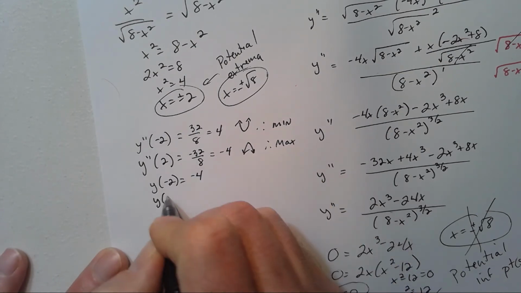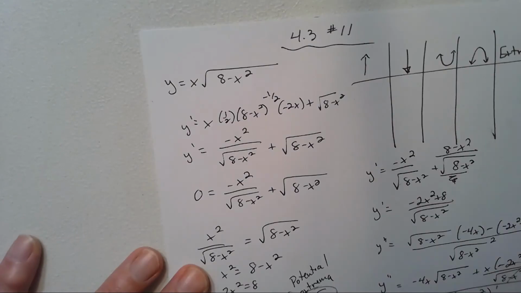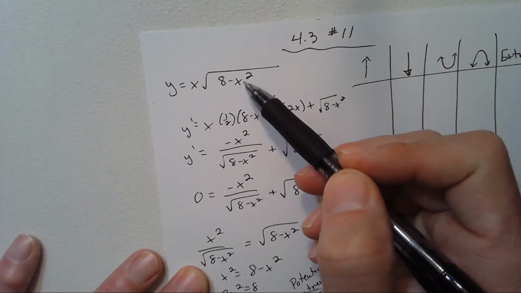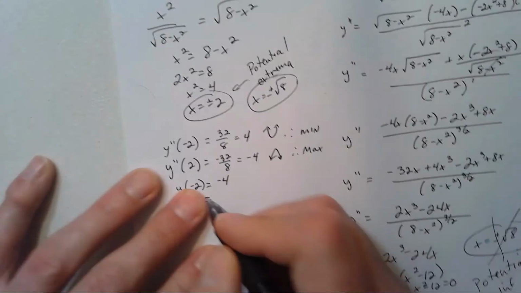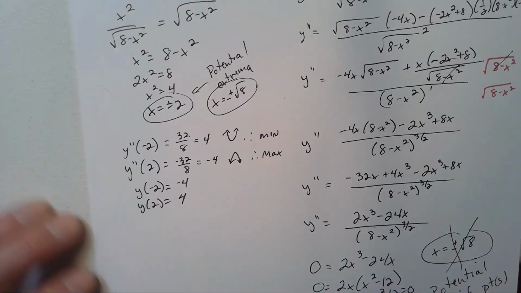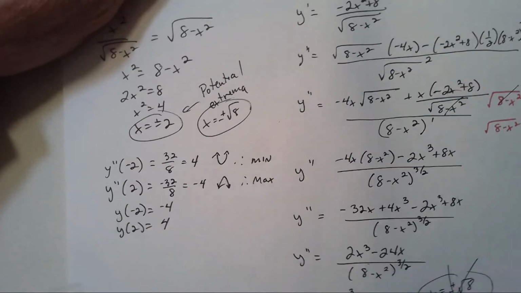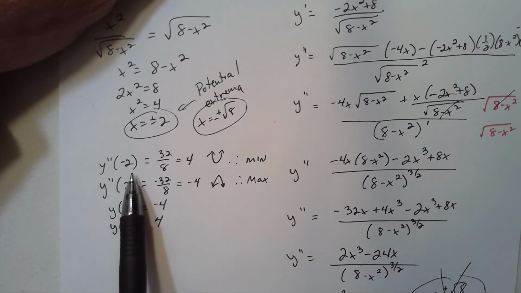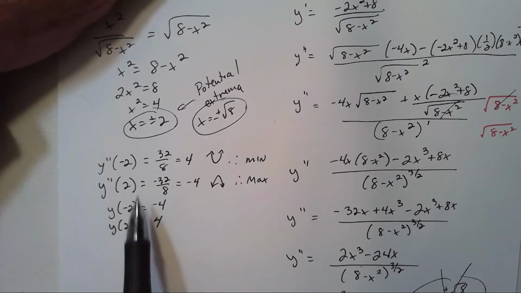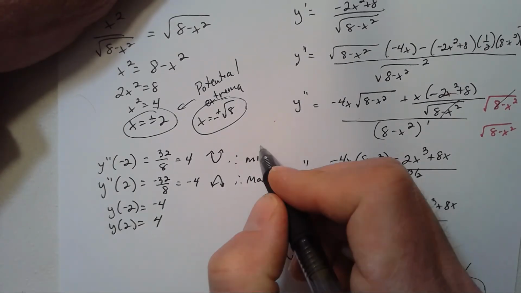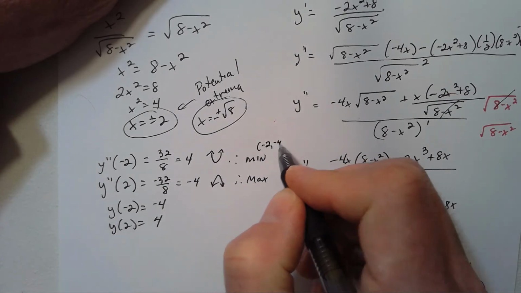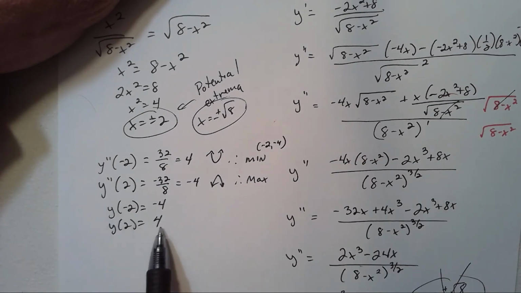And y of 2, if I plug 2 into my original, it's 2 times square root of 8 minus 4, so 2 times 2 is 4. Okay, so at negative 2, it's a minimum. So negative 2, negative 4 is a minimum, and 2 comma 4 is a maximum.